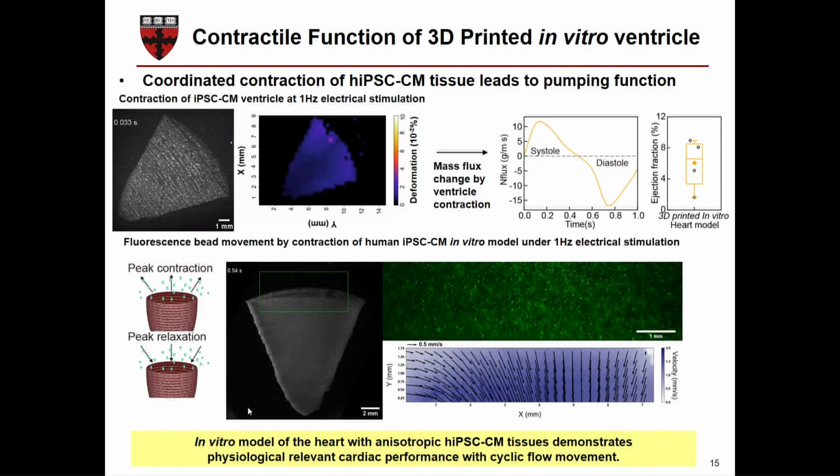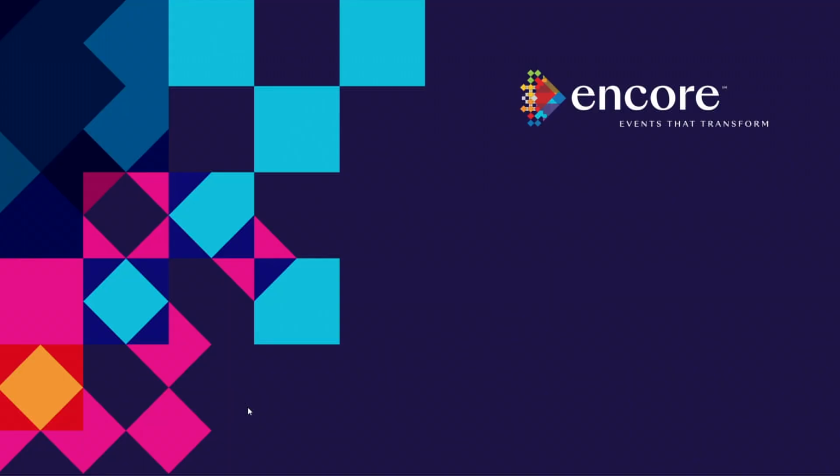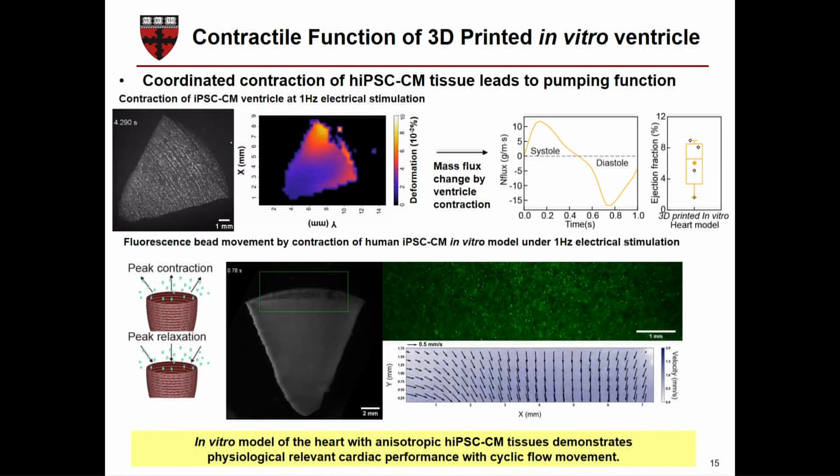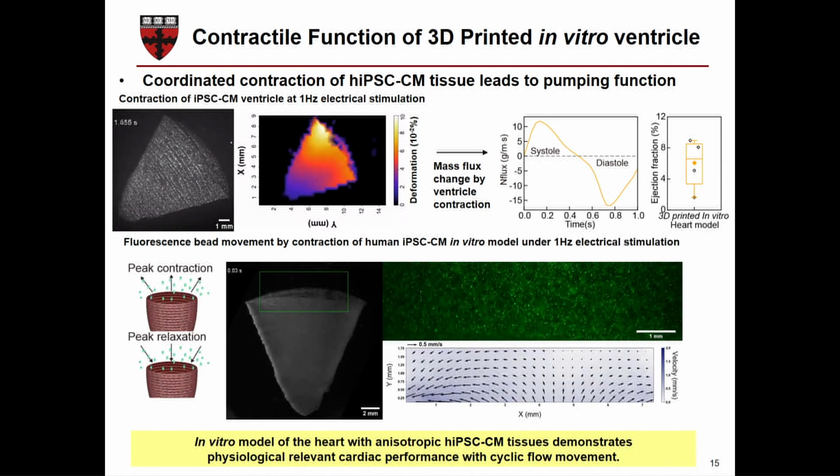And then we can use this bead movement to calculate the mass flux change during this ventricular contraction. With this cyclic movement, we can see a sinusoidal movement in time because of the liquid around the ventricle, and we can measure the volume change of the ventricle.